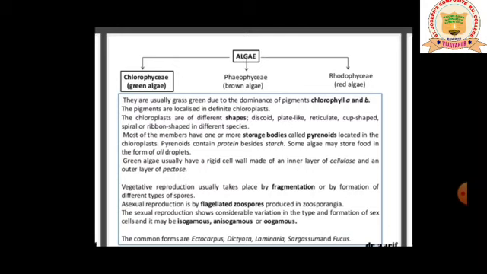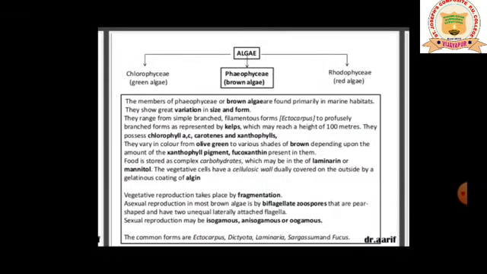Coming to the phaeophyceae, the second class of algae, commonly known as brown algae, containing the pigments chlorophyll A and C and fucoxanthin. Fucoxanthin and chlorophyll A and C are the pigments responsible for giving the brown color to the phaeophyceae, and the stored food material in phaeophyceae is mannitol or laminarin.